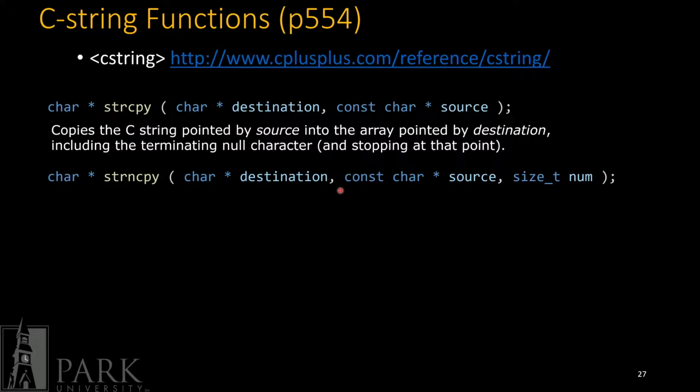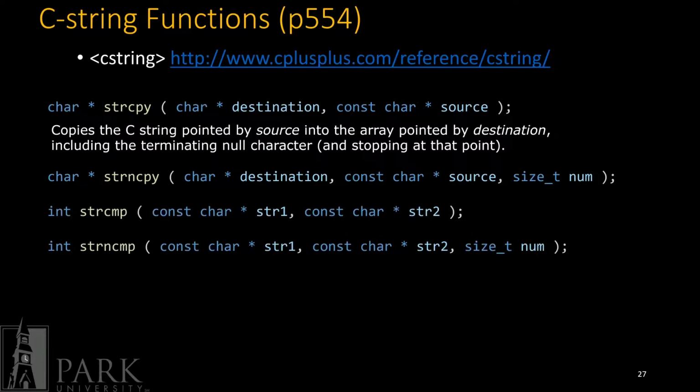So you can see here it's the same, but we are specifying the number of characters to copy over. And the string compare function is used to compare two strings. We also have an N version of that, which specifies the number of characters to compare, right? With the null character not being counted towards the length.